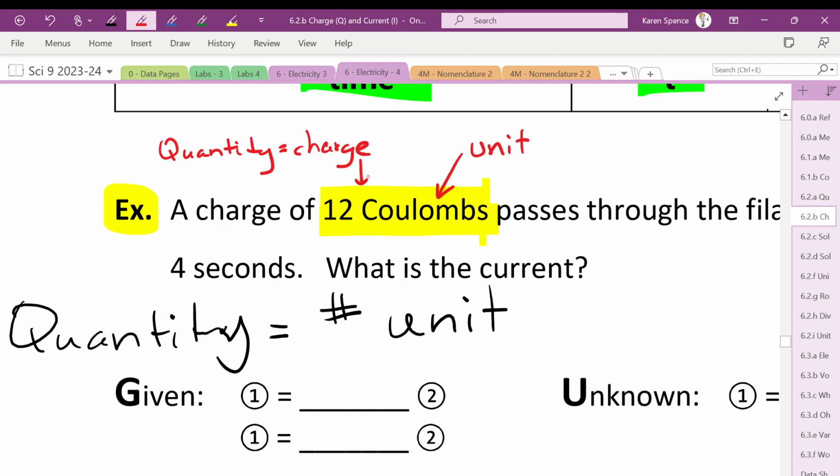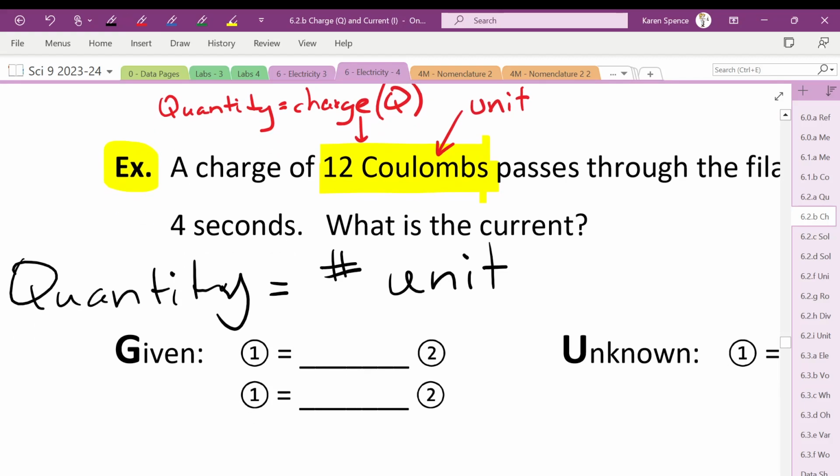So what we're going to want to do, and how do we abbreviate charge? Q. Okay. So what we're going to do is we're going to say our quantity, in this case, our quantity is charge.